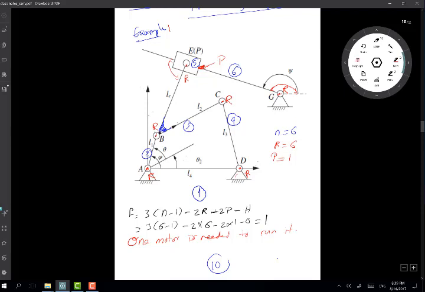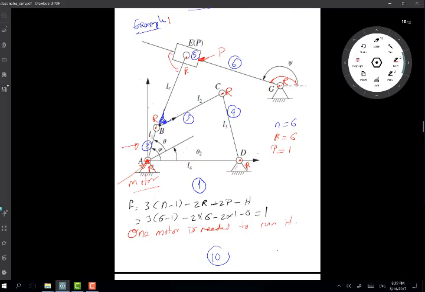Usually I would connect this motor at the center or the pivot of the shortest link, like link number 2 here. I expect the motor to be connected here just because normally the shortest link is expected to be able to do 360-degree continuous motion. So you have a motor here, and it's continuous motion.